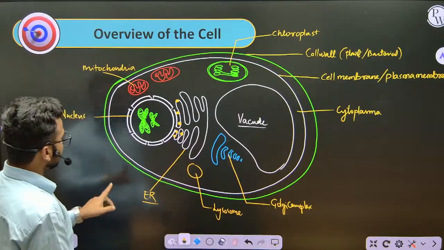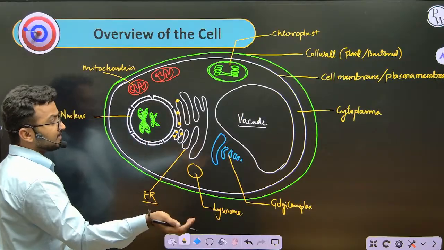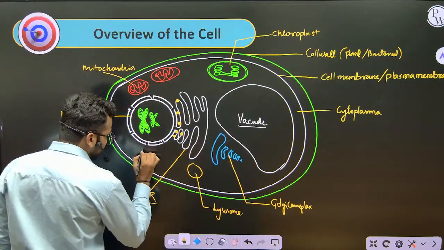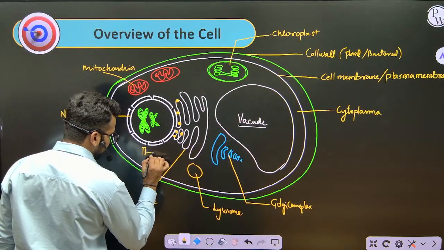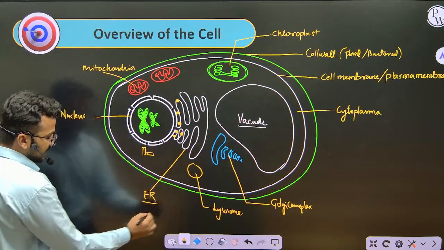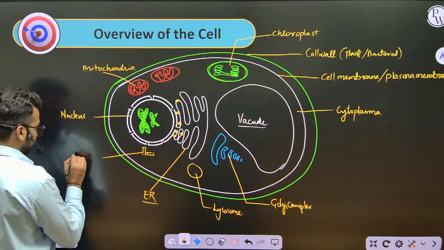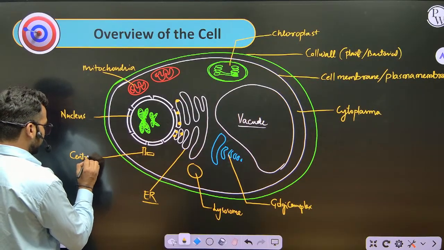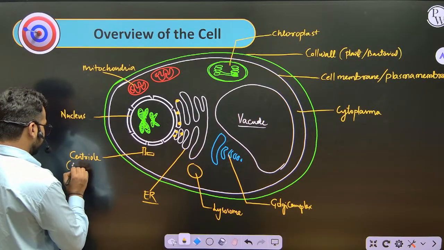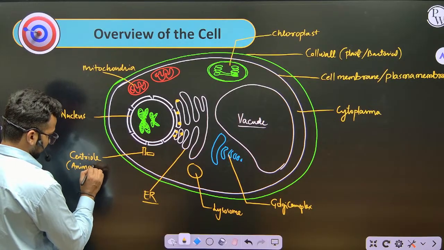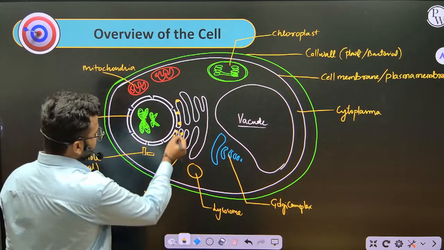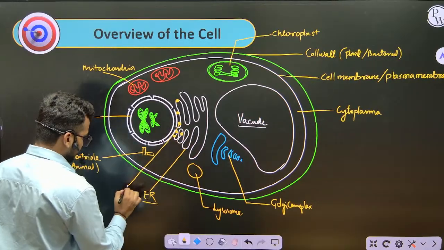So next to this, in animal cells, you will be seeing this kind of structure. That we call centrosomes or centrioles. So only in animal cells you will find this. And these ribosomes are here.